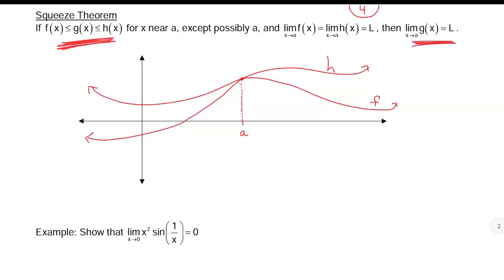So g in between them might look something like this. The idea is, if you're familiar with function f and function h, but you're not familiar with function g, you can use f and h to zone in on a limit for g at that point.